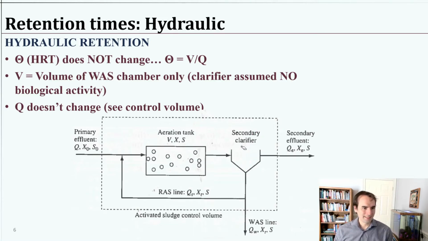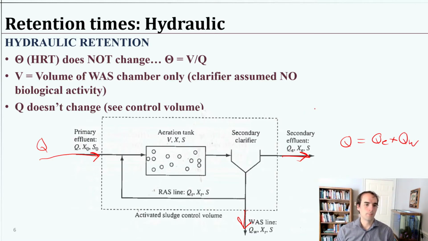So what that means is there's some volume where aeration and biological activity is happening, and there's some net flow coming into the control volume, and that same amount going out of the control volume. So if we look at the Q, that Q is going to equal QE plus QW.